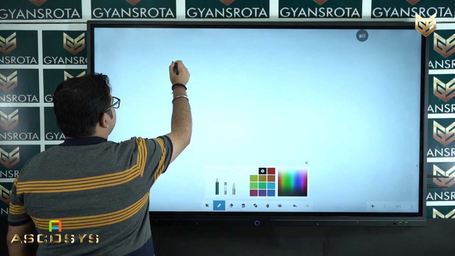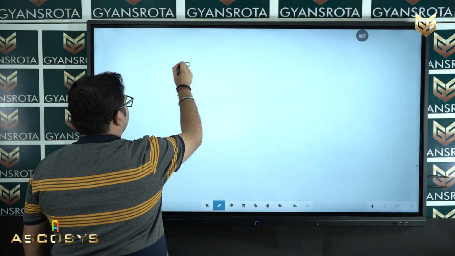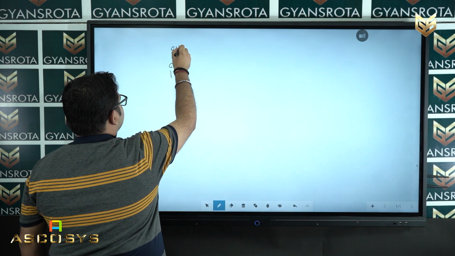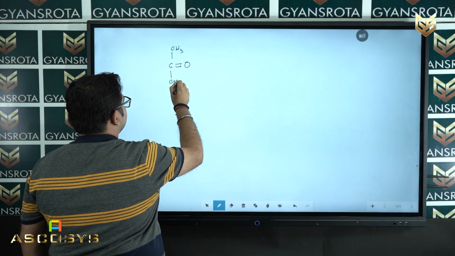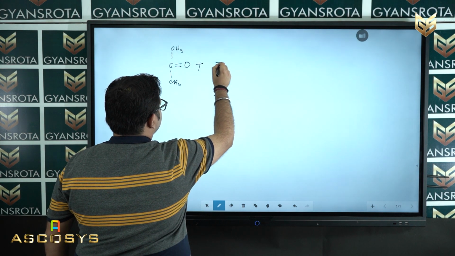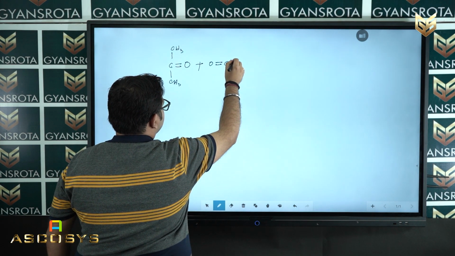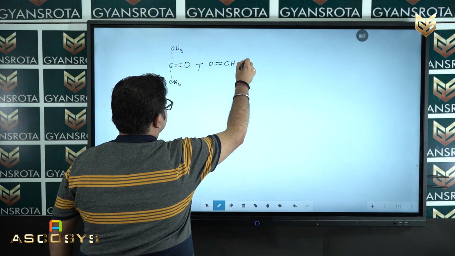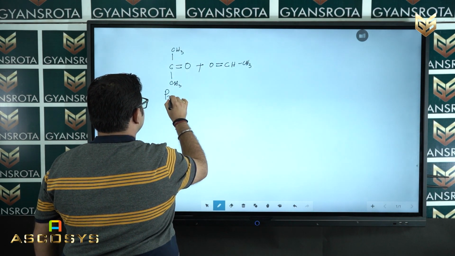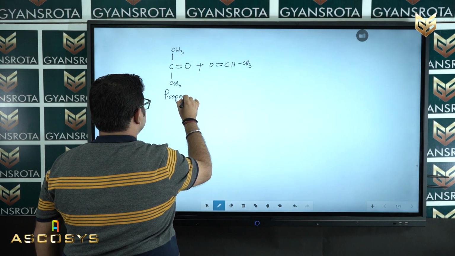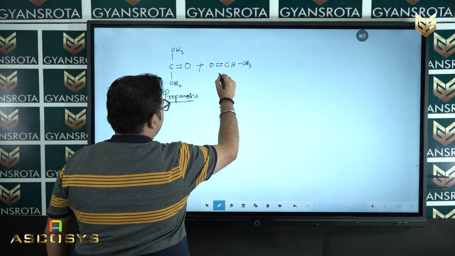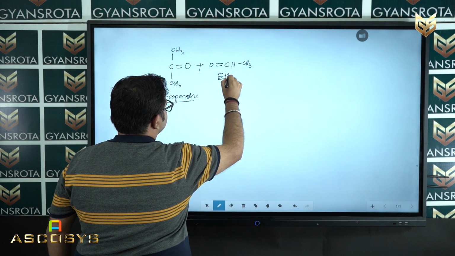So, they are giving this propanone, that is double bond O with CH3 and CH3, plus your ethanal. So, this is your propanone and this is your ethanal.